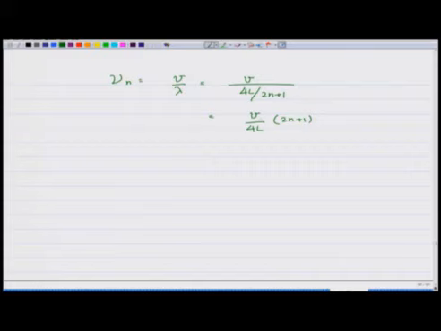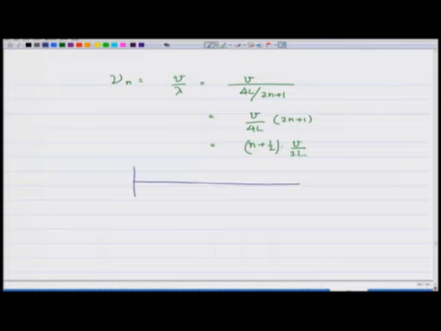So, this time the nature is slightly different, and I could again write this as (n plus a half) V over 2L. In this case the frequencies are slightly different because one end is open and one is not. And again I have a physical interpretation that in this case the waves are going to be of the form where the open end has maximum displacement.